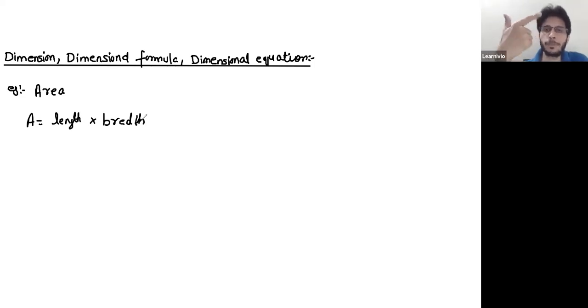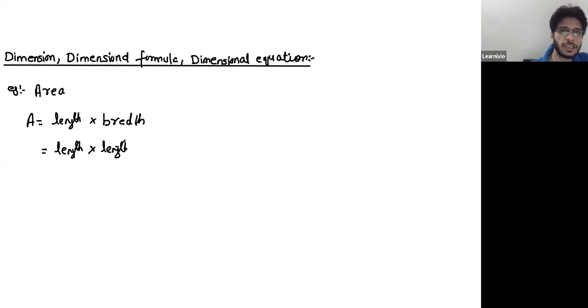Breadth is length, height is length, even radius, diameter, thickness, distance, displacement, everything is length. So can I write this as length multiplied by length? Yes, sir. When I say length is fundamental, that means a generic length. Length into length, so we can write this as length square.